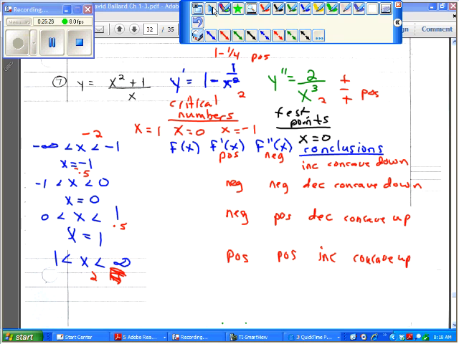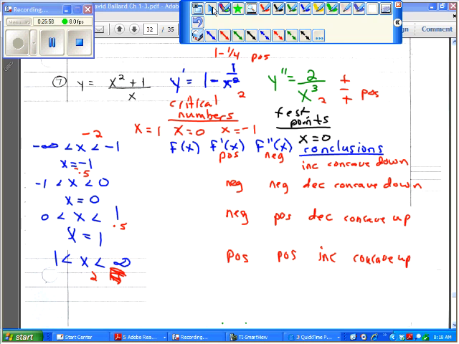Okay. Remember that if we take a critical number and we look at the second derivative, we can do the second derivative test. If it's concave up at that critical number, then we know that there's a relative minimum there. If it's concave down at that critical number in the second derivative, then we know that there's a relative max.